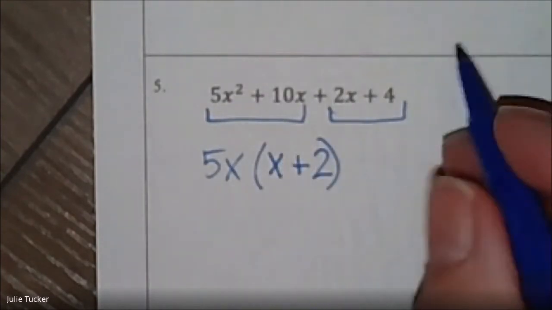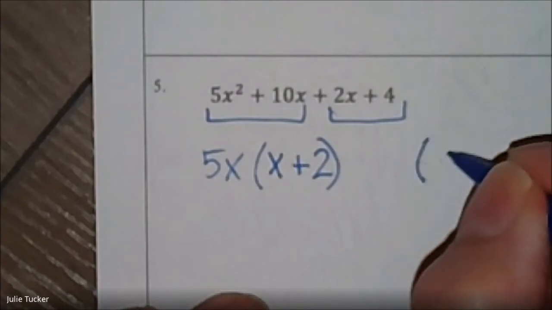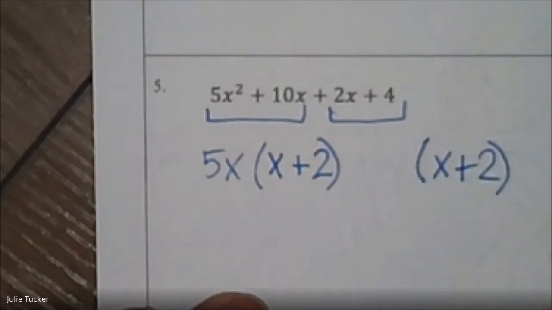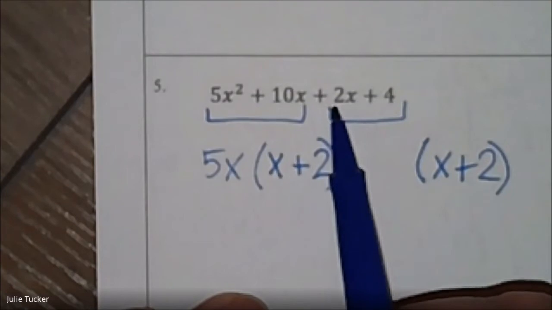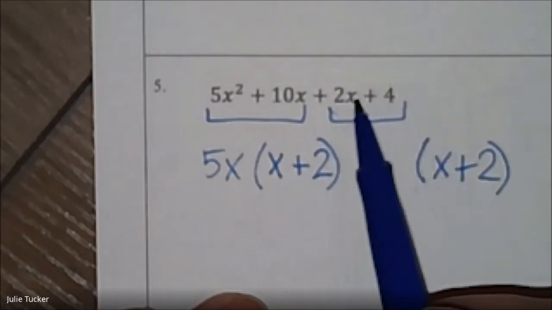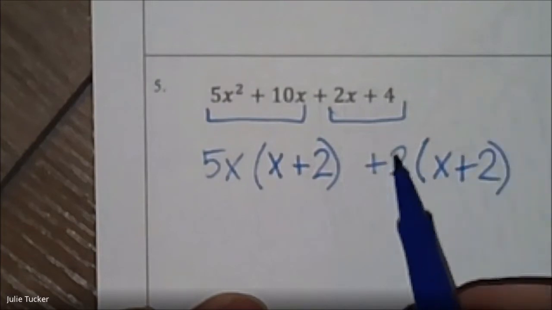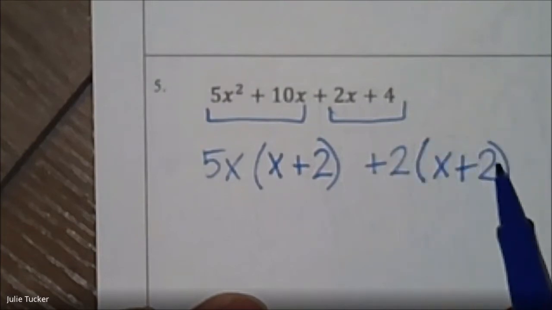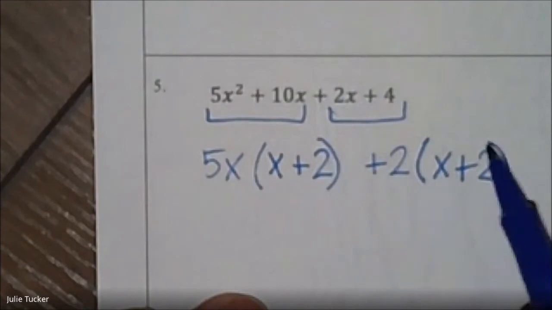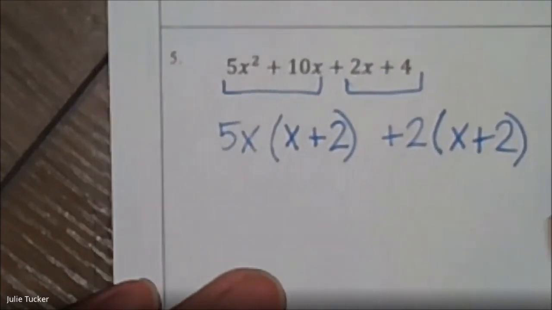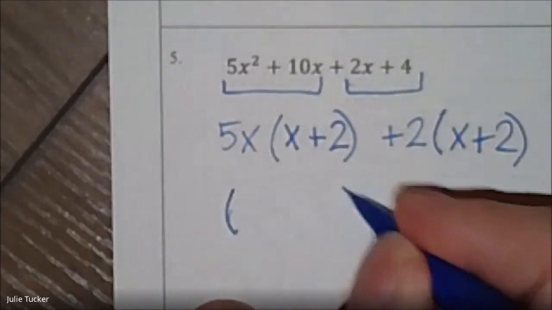Okay. Now the next part, we match the parentheses. What number has to go in front? Plus 2. We check 2x plus 4, and that matches. So now what am I going to put in this set of parentheses here?